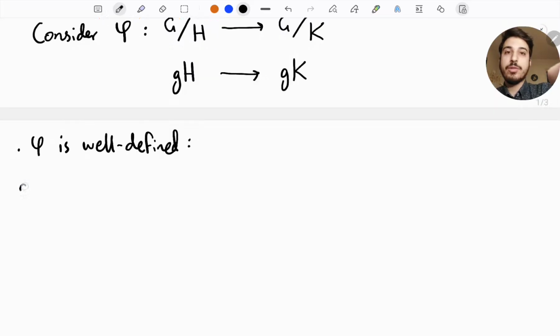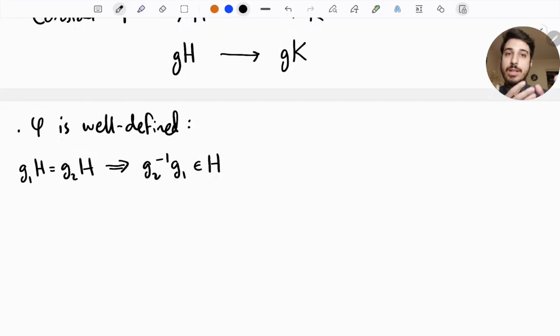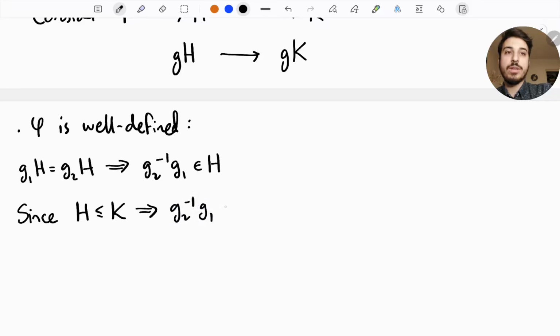This is because if we have two cosets which are equal, this means, by the definition of equal cosets, that g2 inverse g1 is an element in H. But since H is a subgroup of K, of course this element has to be an element in K as well. So g2 inverse g1 is an element in K, and therefore we can use the same sort of argument to say g1K is equal to g2K.